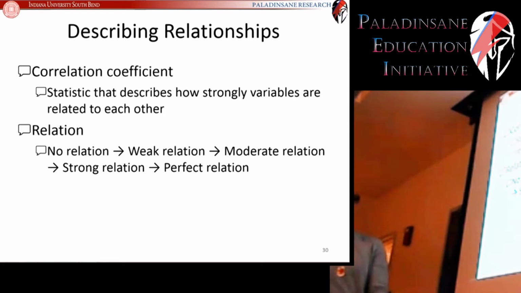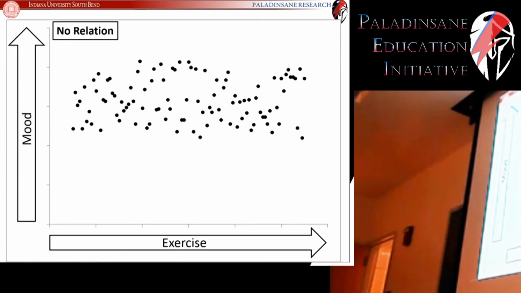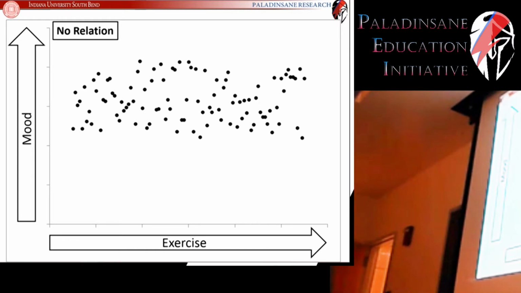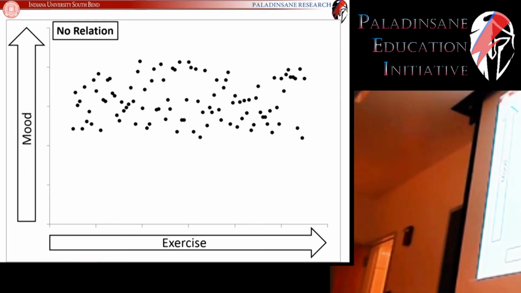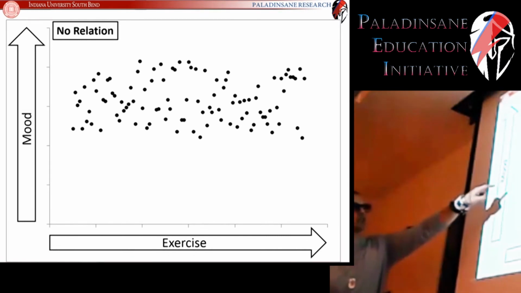So, for example, if this was the relation between increases in mood and increases in exercise, if there was no relation, this is what it would look like. Each dot is an individual person who exercises a certain amount and has a certain mood, right?